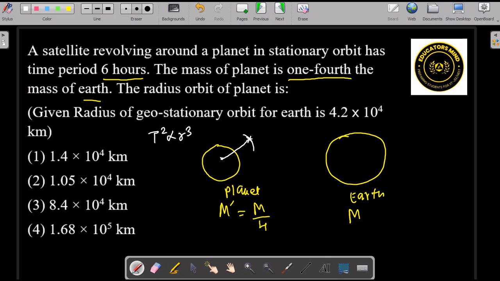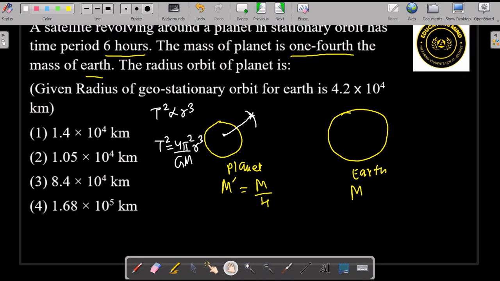But when we are going to write in terms of equality, therefore pi squared by gm also comes, right? This we should know, because here the mass is going to also affect it.